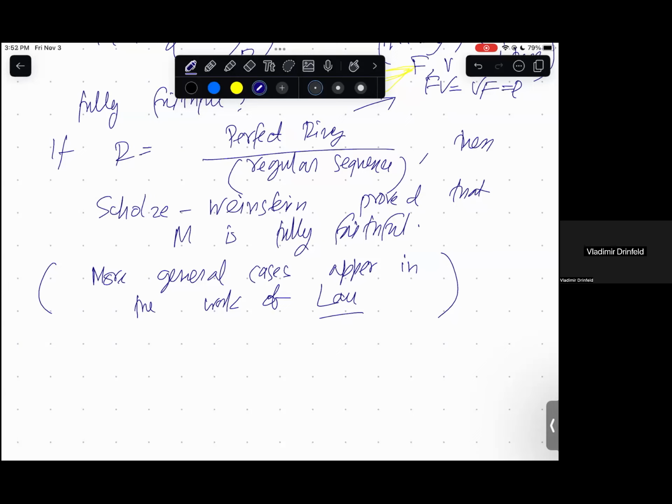And then a vector bundle is the same as a principal GLn bundle. And then you can replace GLn by more general reductive groups, for instance, by E7. And this was my motivation.